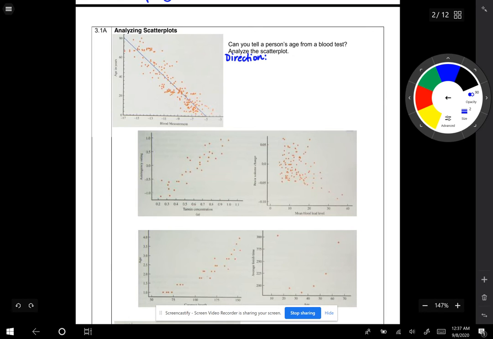We'll do each one at a time. Is it negative association or positive? This one has a line drawn in for you. You can see this one is a negative association. So this one is not hard to tell.